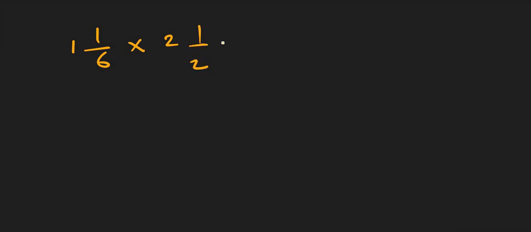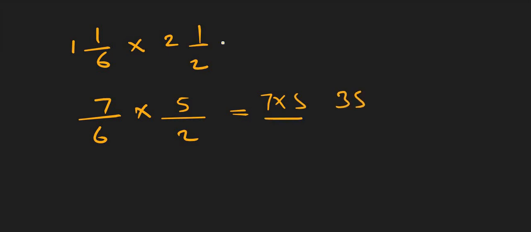So you have to convert this mixed fraction into an improper fraction. 6 into 1 is 6, plus 1 is 7 over 6, multiplied by 2 multiplied by 2 is 4, 4 plus 1 is 5, 5 over 2. Therefore you get 7 into 5 is 35 and 6 into 2 is 12. Therefore I have my final answer 35 over 12.